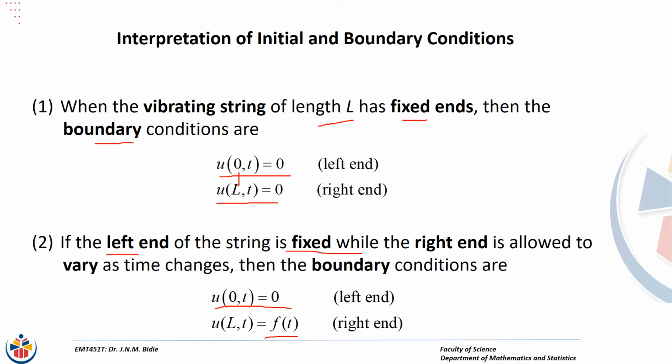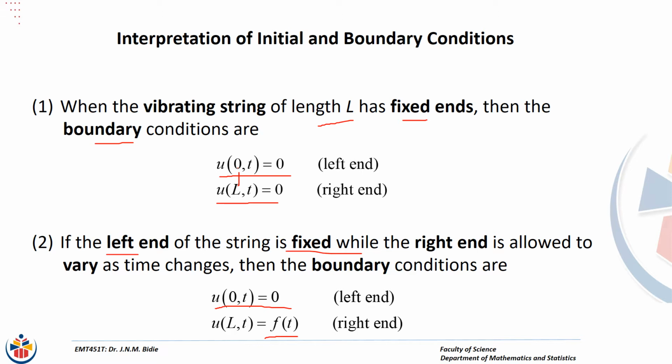Remember, we had said u of x,t stands for displacement. So there is no displacement on the left side because the string is fixed, but on the side where the string is not attached, the final displacement changes and is written as a function of time.